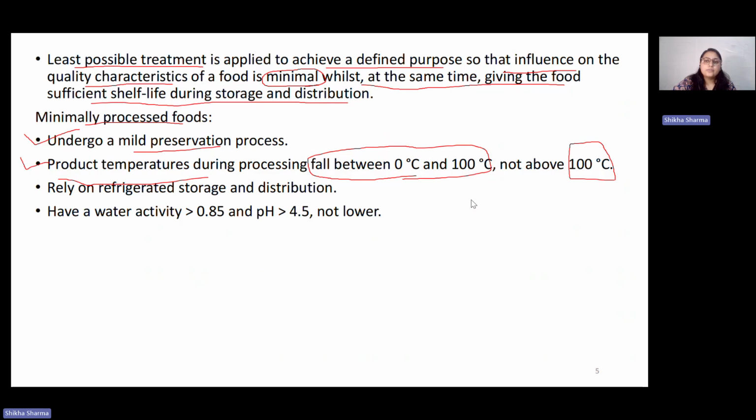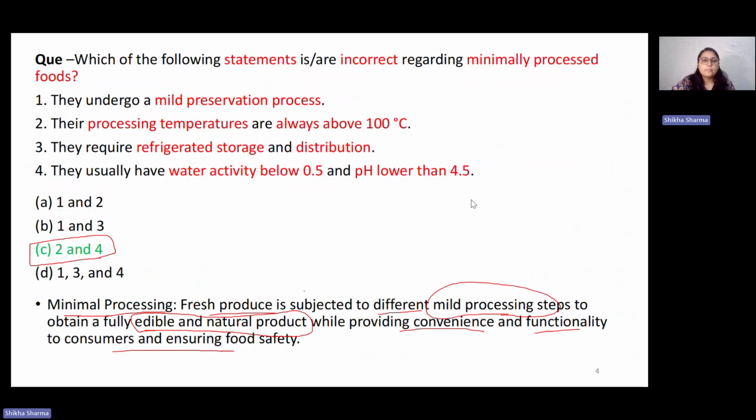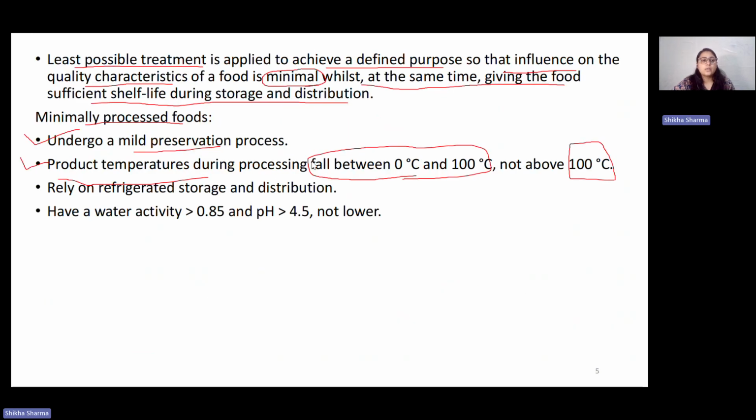So the first statement is correct, that in minimally processed food products, mild preservation processes are applied. The second statement is incorrect because it says above 100 degrees Celsius processing temperatures, but we generally keep it not more than 100 degrees Celsius because we want to apply mild preservation techniques.